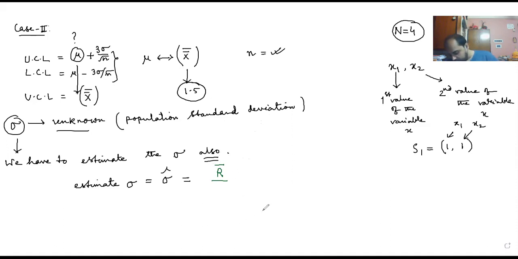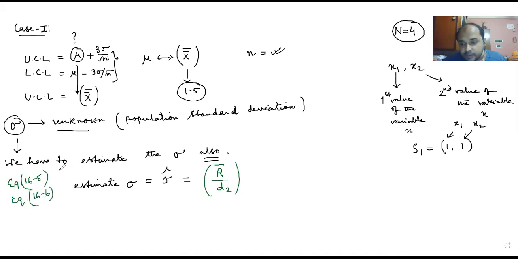I have to explain what R bar is and what d2 is. You will see this in equation number 16.5 and equation number 16.6 of your note.